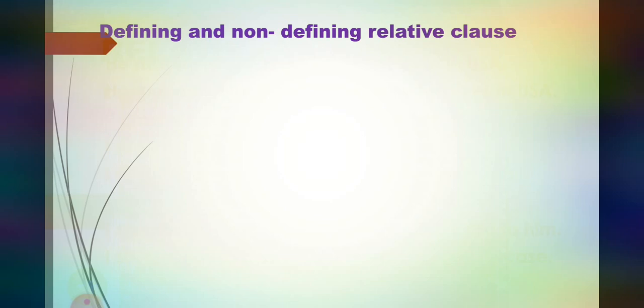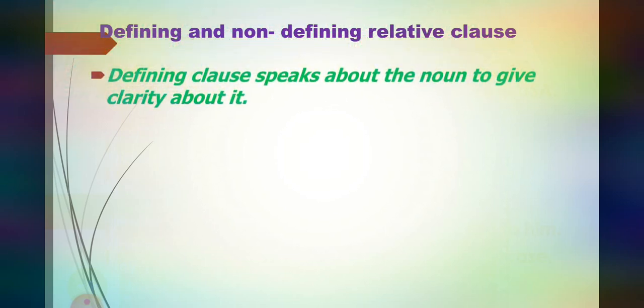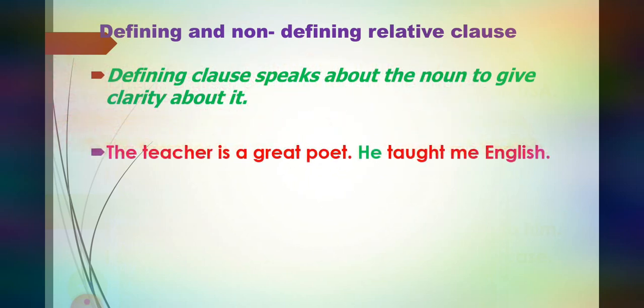So in our textbook, we are prescribed this grammar topic: defining and non-defining relative clauses. Let us see what is defining. A defining clause speaks about the noun to give clarity about it. For example, the teacher is a great poet.